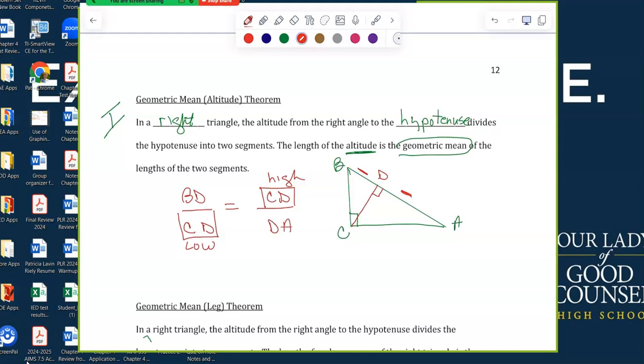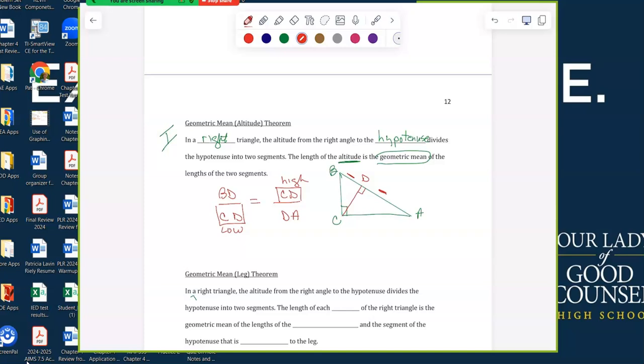And if you had numbers, you would see that that would work. So let me put some numbers in here. What if I make this a 10 and this a 2 and this a 50? Look what's going to happen if we try this formula. Remember, the geometric mean goes low, high, and the geometric mean is the altitude.